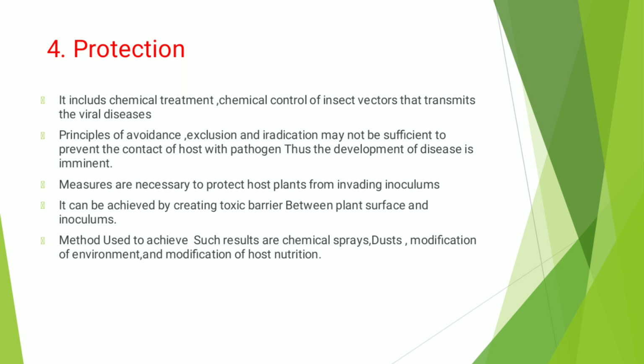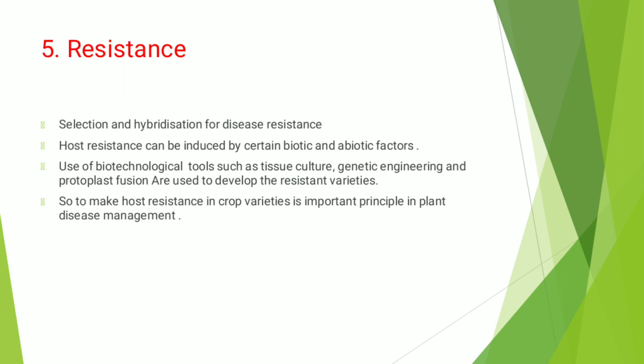It can be achieved by creating a toxic barrier between the plant surface and the inoculum. Methods used to achieve such results are chemical spray, dust, modification of the environment, and modification of the host nutrition. Resistance, the last principle: selection and hybridization for disease resistance.